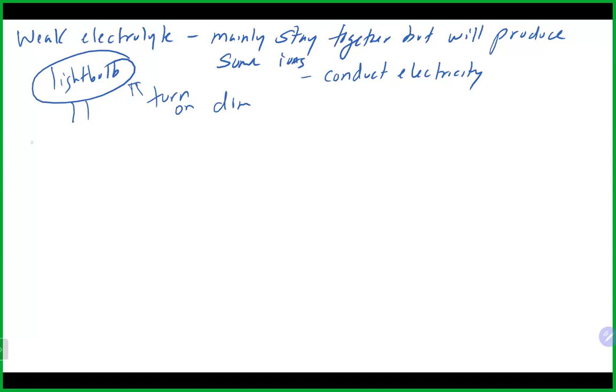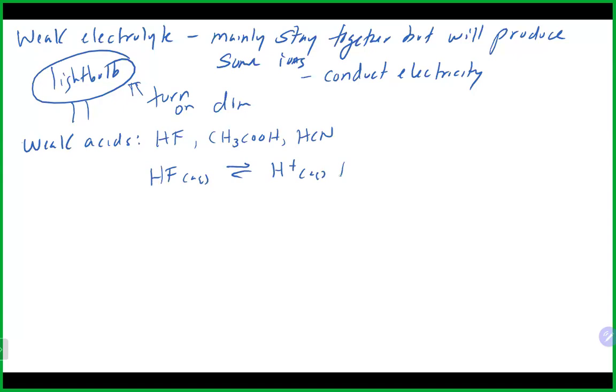Most weak electrolytes are weak acids, which is pretty much all acids other than that list I just made on the other page, like hydrofluoric acid, acetic acid, like in vinegar, HCN, and so forth. So if you have something like hydrofluoric acid, it will also break apart in solution into H+ and F-.